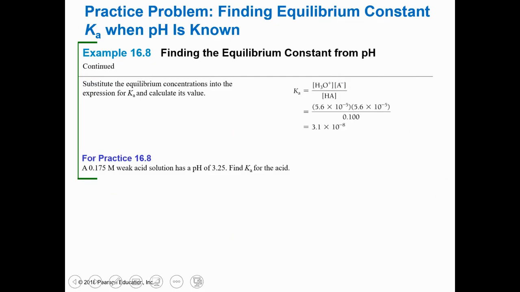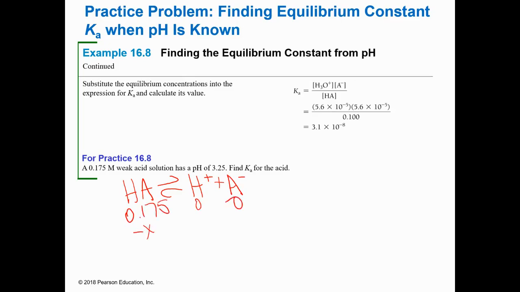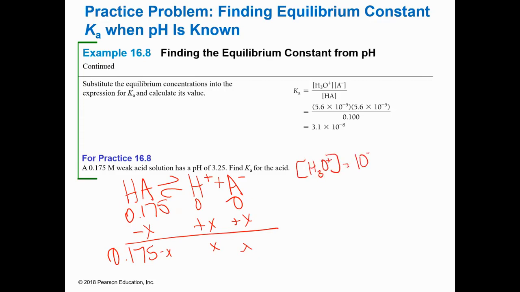Okay, so they're going to walk through the whole thing. There it is, 3.1 times 10 to the negative 8. Okay, one more we're going to do this way. I've got, again, a basic ICE table. I've got 0.175 minus x, 0, 0 plus x. Okay, so this is x.